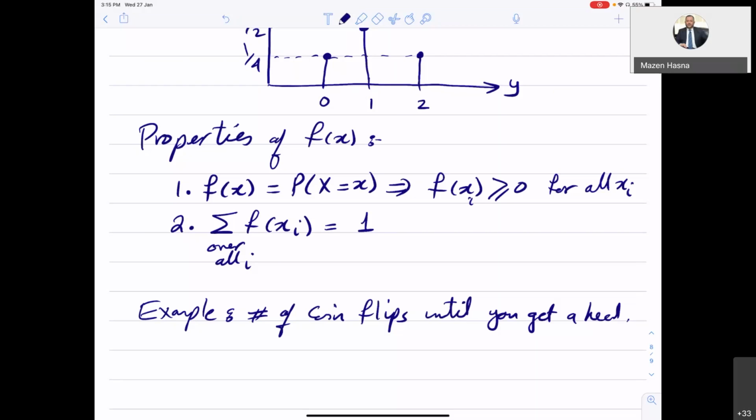And it's up to you. This mapping between events and numbers is up to you. The second property, how will it be satisfied if you use it with the car example? Yes, because you have two options, to stick or to switch. One of them has probability of 1/3, and the other one is probability 2/3. So if you add them, 1/3 plus 2/3 is 1.